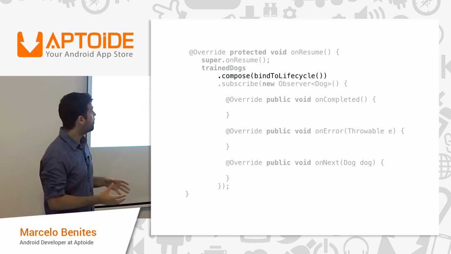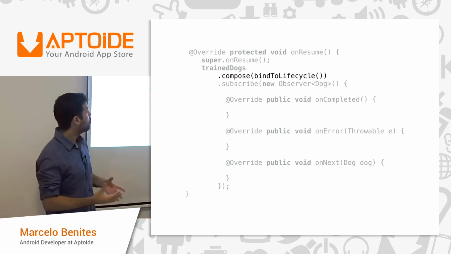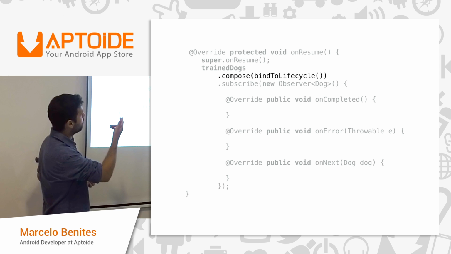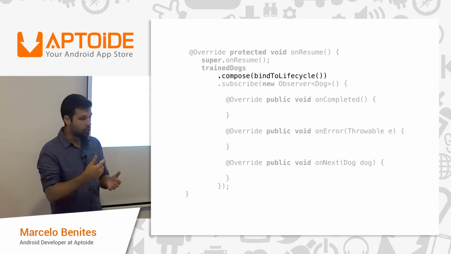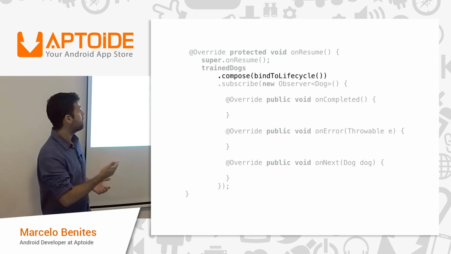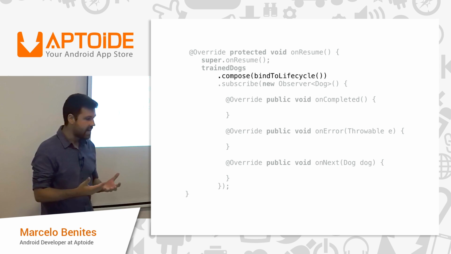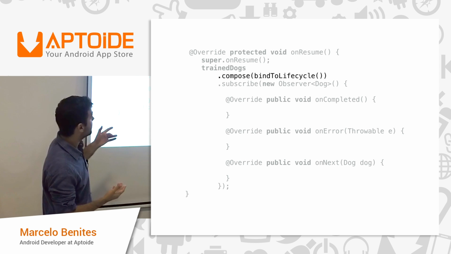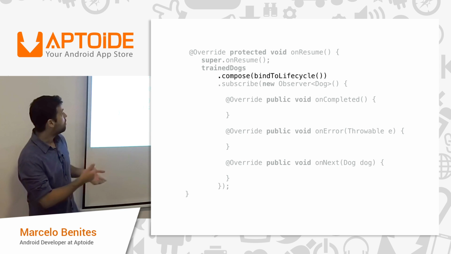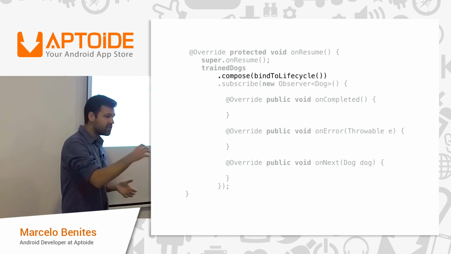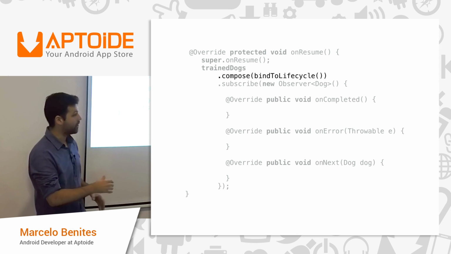It's going to deal with the entire observable. So what bindToLifecycle does is unsubscribe automatically when onPause happens. It can identify that the subscription occurred in the onResume method. So it knows that if you call bindToLifecycle, it will unsubscribe automatically for you when onPause is called.